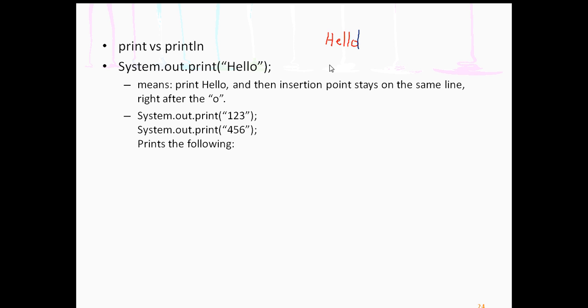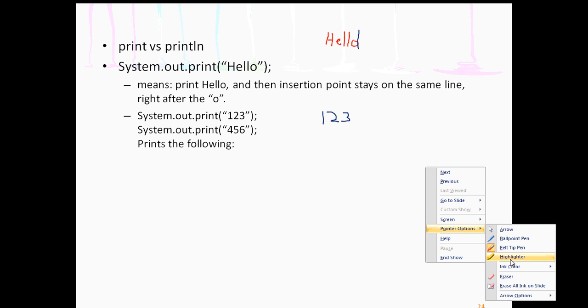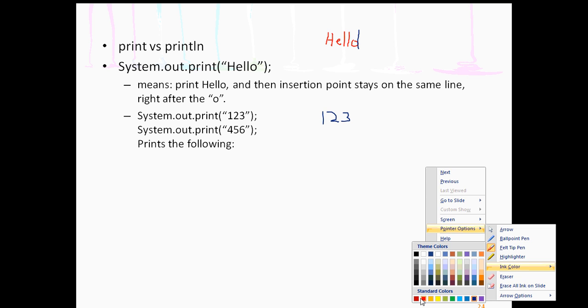So system.out.print 1, 2, 3, and then .print 4, 5, 6. What is that going to print? Well, what's going to happen is this first line is going to print 1, 2, and then 3. And then the insertion point stays on that line.